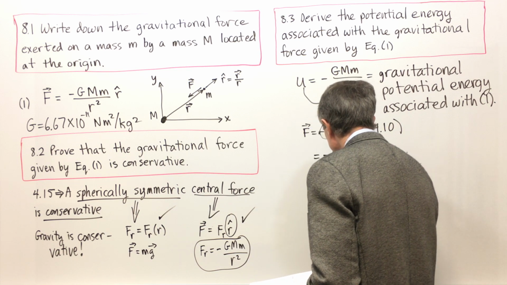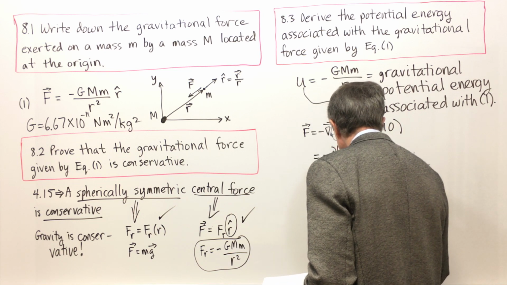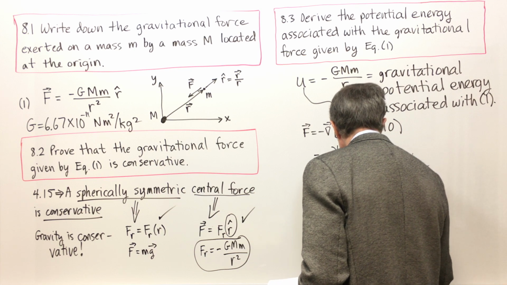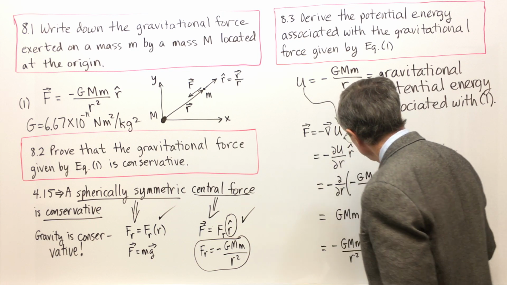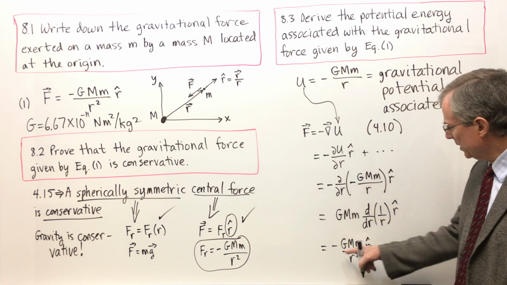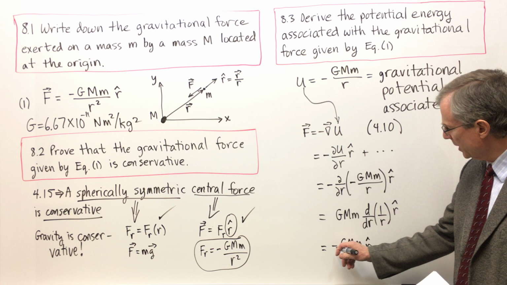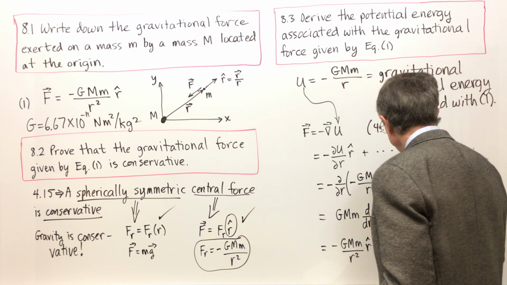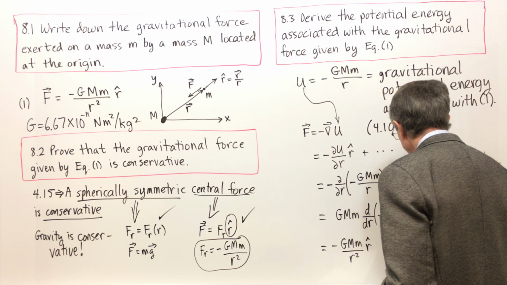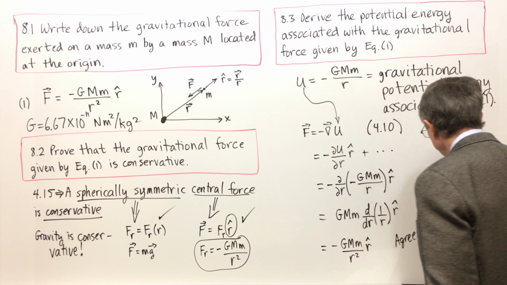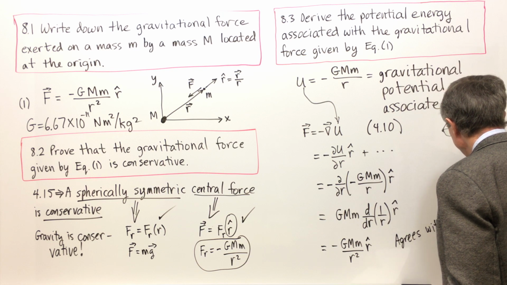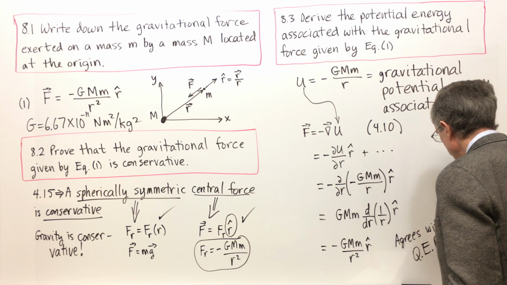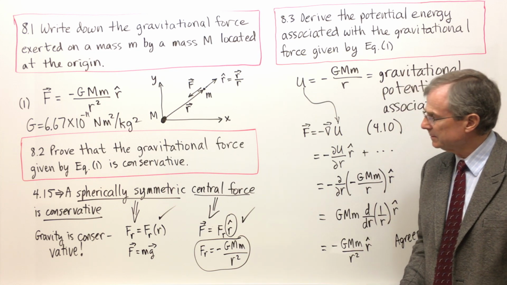So that minus sign comes out, and we get minus 1 over r squared. There's the minus 1 over r squared. And here's the r hat that comes along for the ride. And this agrees with equation 1. And so that is what we set out to prove.